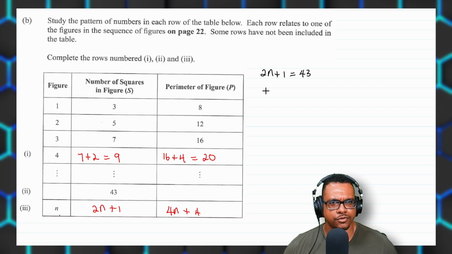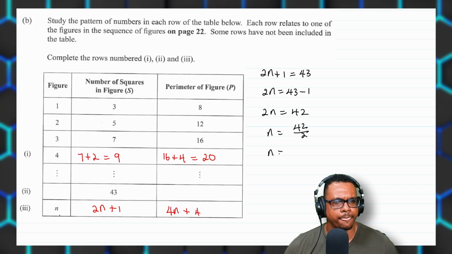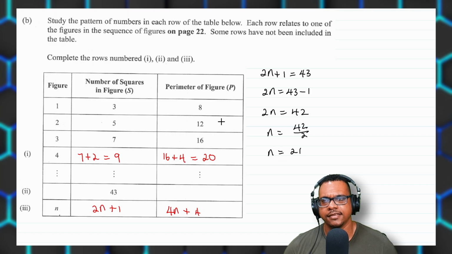Transfer the positive 1 across, and we'll have 2n is equal to 43, take away 1. So we have 2n is equal to 42. Transfer 2 across, turn to division. So we'll have 42 divided by 2, which is 21. And therefore, we know the figure number is 21 when the number of squares is 43.